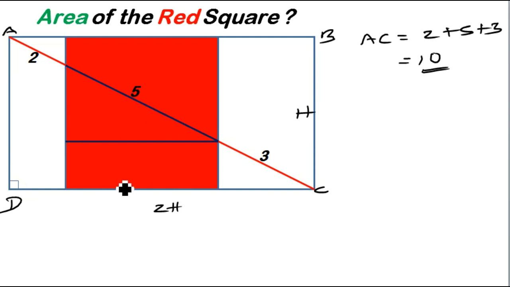If you use Pythagoras theorem, if this is 2h, of course this is also h. The sum of the squares of the two shorter sides of a right angle triangle is equal to the square of the hypotenuse.